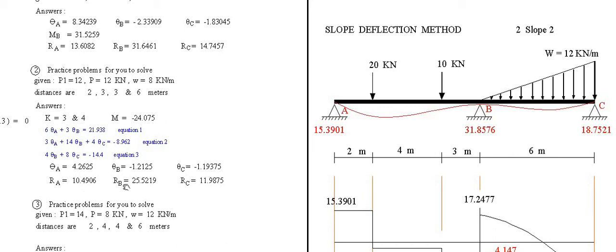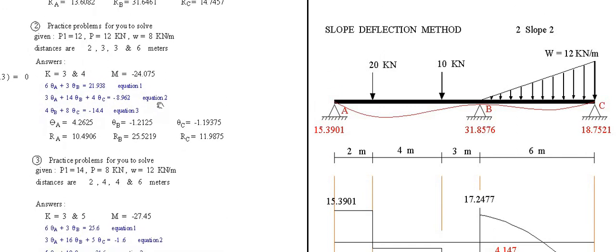Then RA, RB, and RC are given. This is a check only if you follow the instruction.